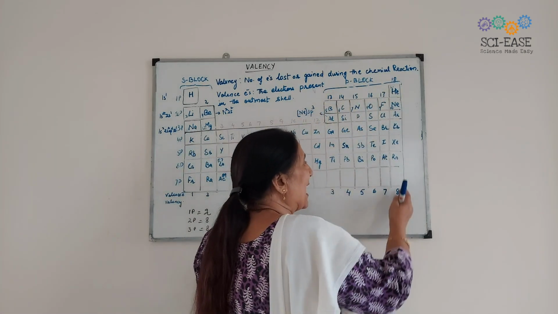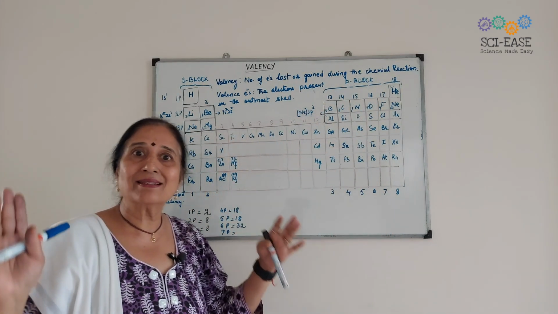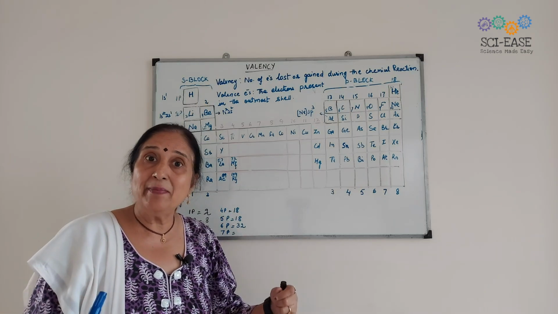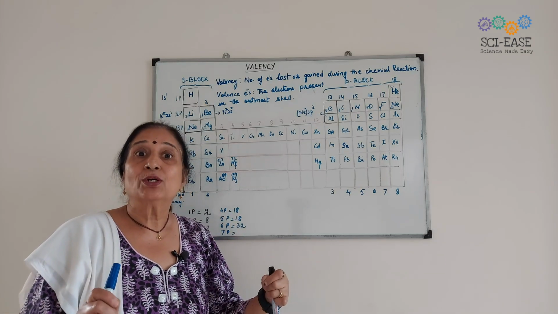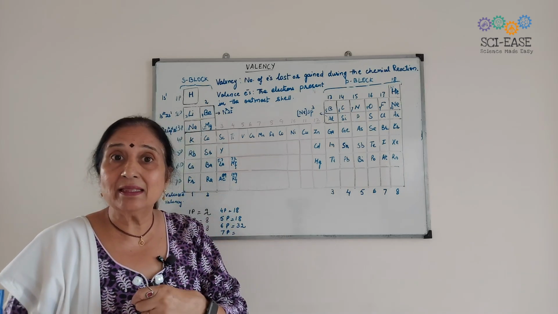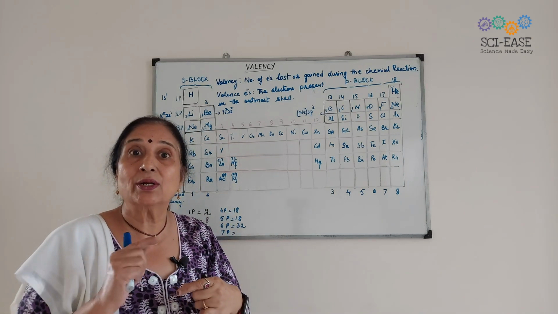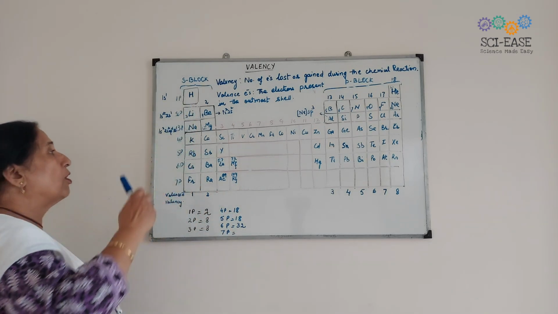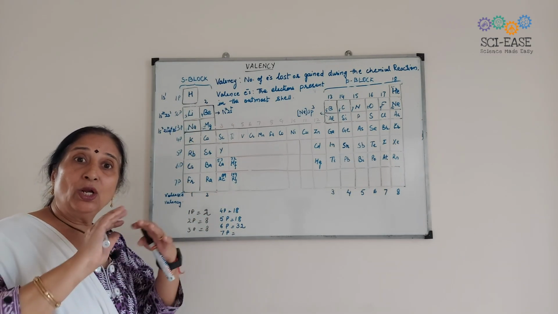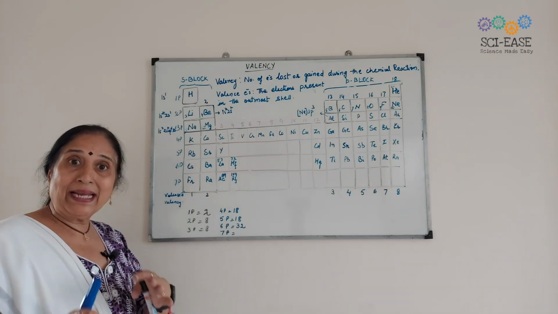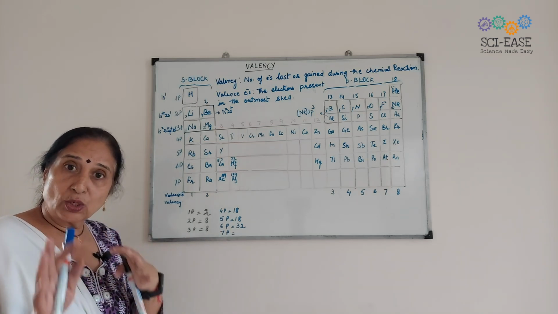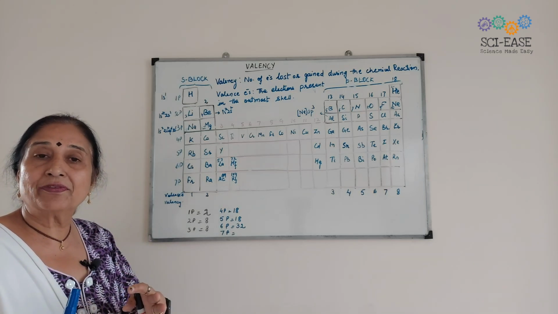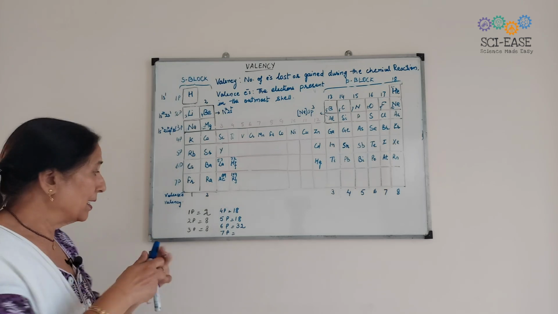These are the noble gases. Noble gases are the inert gases, most stable. Every element has a tendency to lose or gain electrons to acquire noble gas configuration. So, elements of group 1 will lose this 1 electron which is loosely held and acquire the nearest noble gas configuration. So, they are losing 1.